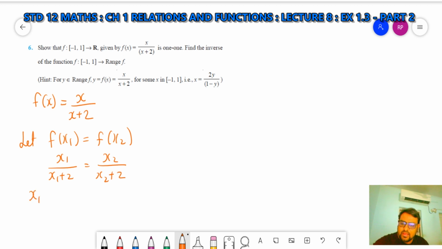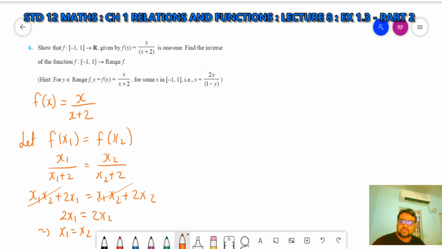Cross multiply: x1·x2 + 2x1 = x1·x2 + 2x2. The x1·x2 terms get cancelled. That means 2x1 = 2x2, that means x1 = x2. Hence it is a one-one function.